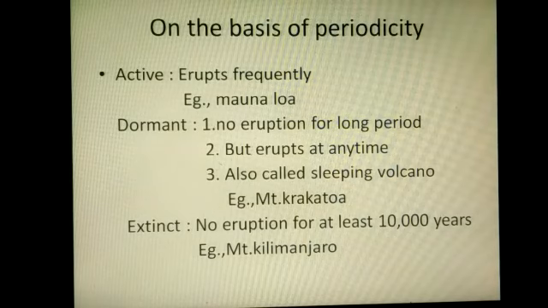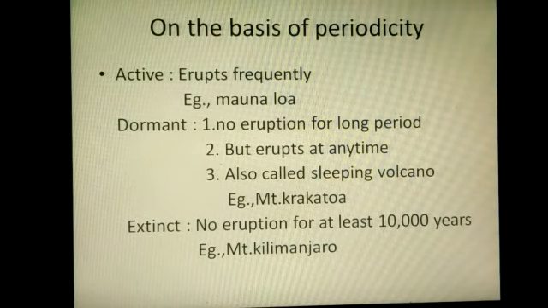Dormant volcano. Dormant volcanoes have shown no sign of activity for many years, but they may become active at any time. It is also called a sleeping volcano. Mount Krakatoa of Indonesia is a famous example of this type.